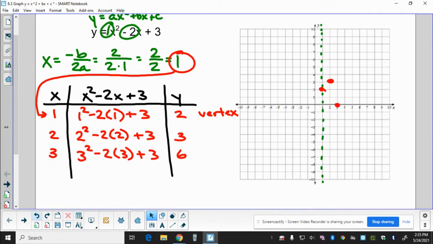All right, 3 to the right, 6 units up. And now what we want to do is reflect those other 2 points right there and there. And now we go ahead and graph our parabola, making a U-shaped graph. And there we go. Now we have our graph made. Looks good.